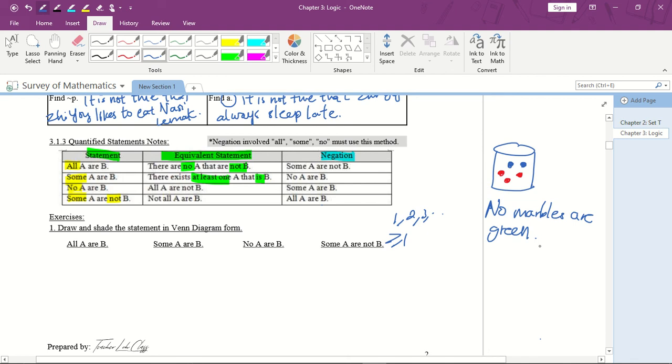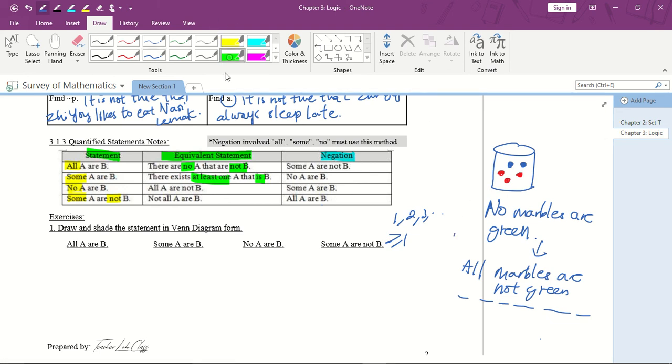So the equivalent statement is all marbles are not green. Still makes sense, right? These are the equivalent statements: all not.